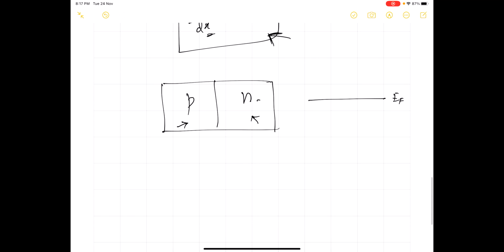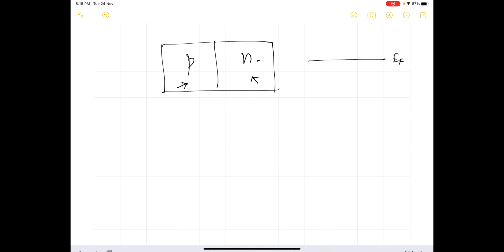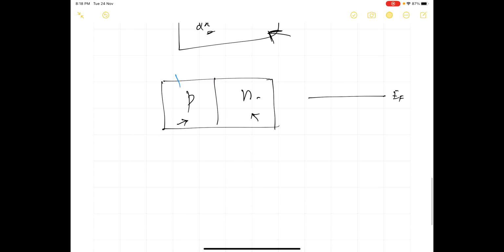Before going there, I shall explain something else. What will happen when you make the junction? When you make a PN junction, P type is doped with holes, right? There are extra holes; the hole is the majority carrier.